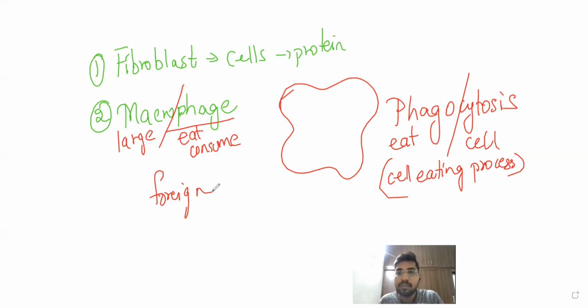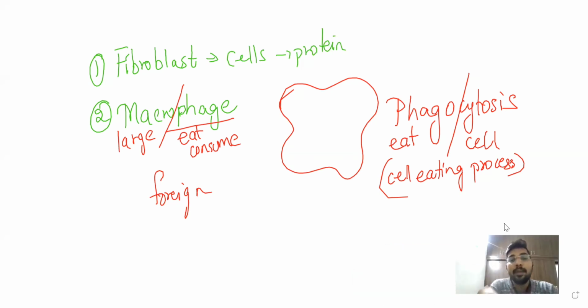They consume them in the sense that they break the foreign particle into bits so that they kill the bacteria or the virus. That is what I meant by consume them or eat them. This process is called phagocytosis, and this function is performed by a special type of cell called the macrophage.